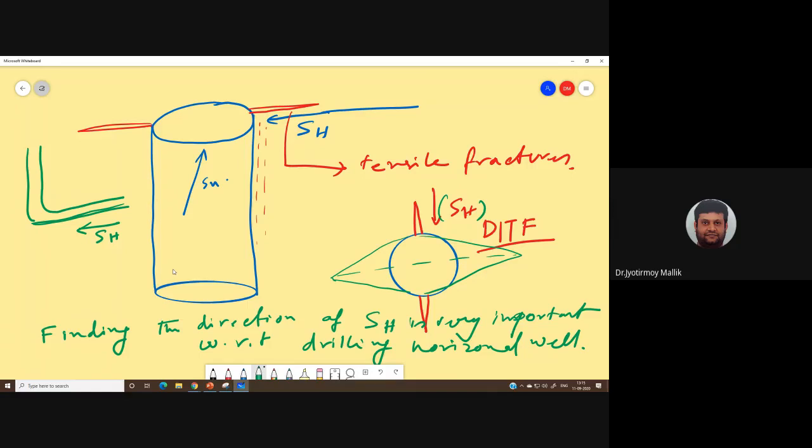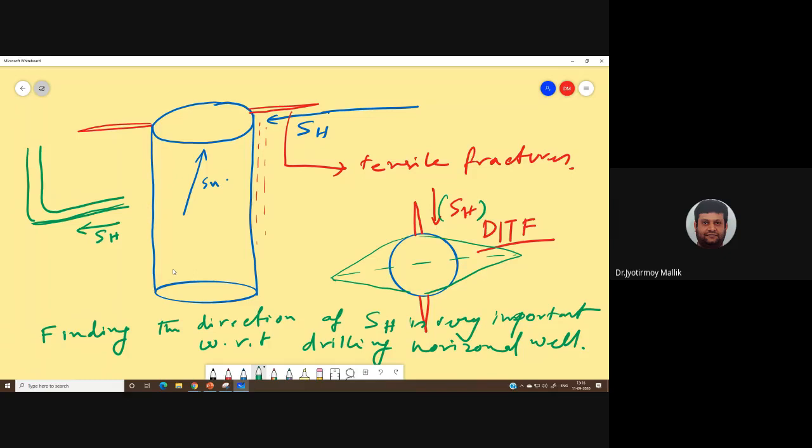Why? I'm not discussing it right now. Maybe you can read about it, but I don't think we have enough background to understand that at this particular moment. Maybe we can come back to this later on. For the timing, remember, a horizontal well's leg is maximum stable if the well path or the well trajectory is oriented along S capital H. And how do I find S capital H?